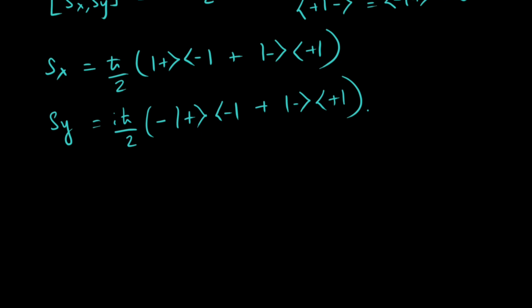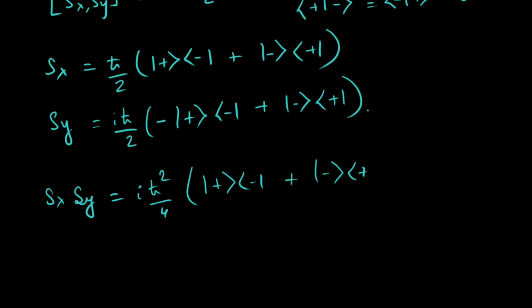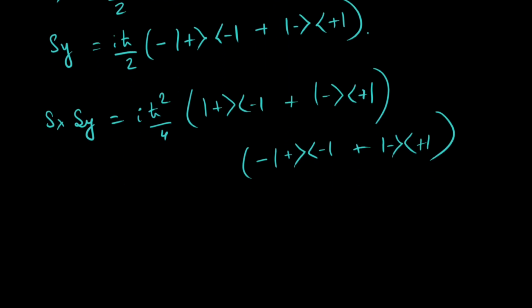So let's calculate Sx, Sy first. So Sx, Sy would be h bar squared by 4 times i times plus minus plus minus plus times minus plus minus plus minus plus. There's just pluses and minuses here, so we get i h bar squared by 4.